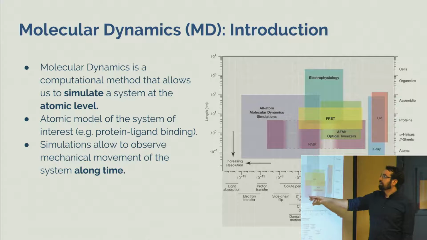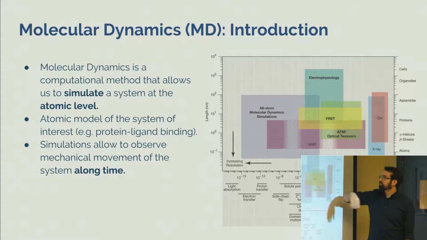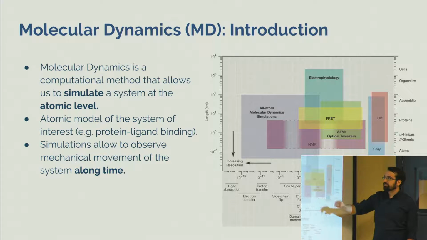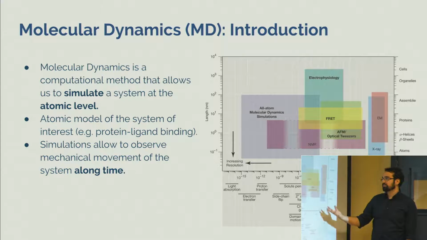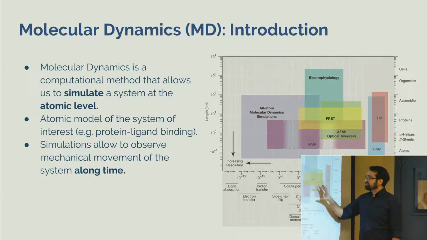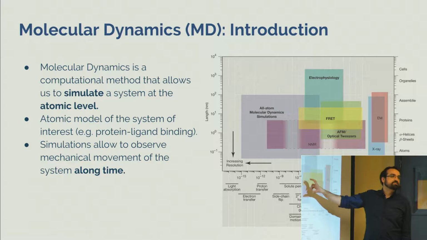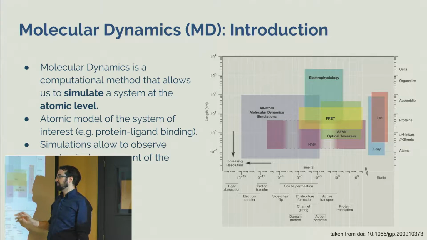You have NMR, electron microscopy, electrophysiology, FRET, AFM, X-ray crystallography as well. Most of the structures that we see in the Protein Data Bank come from X-ray and NMR. These have very limited scopes in size scale and also in time scale.